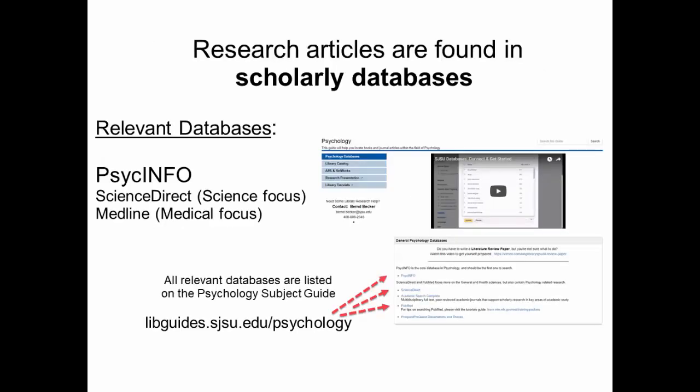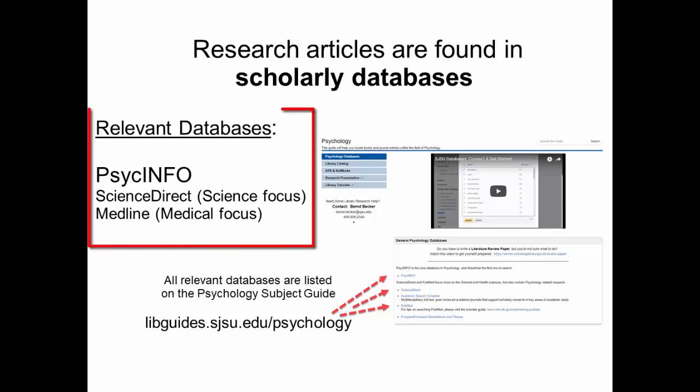The research articles that you need for a literature review can be found in scholarly databases. SJSU has access to hundreds of databases, and in most cases, a database focuses on a specific subject or discipline. For example, if you're interested in psychology research, then you're going to start with the PSYC100W database. PSYC100W is the largest database dedicated to collecting information about psychology research.